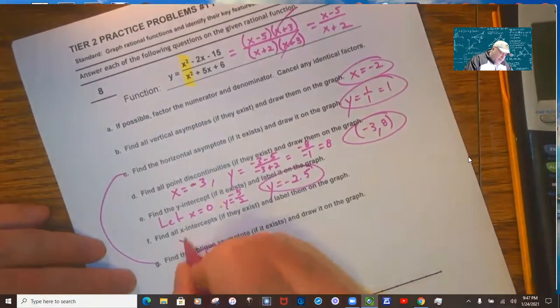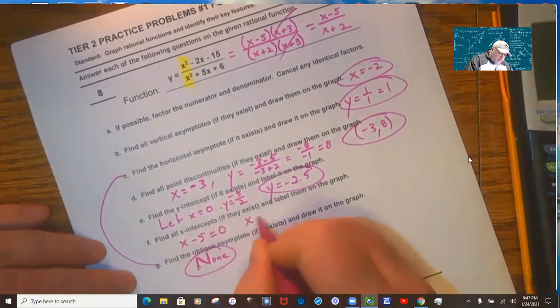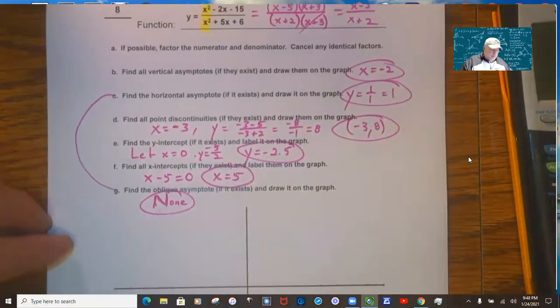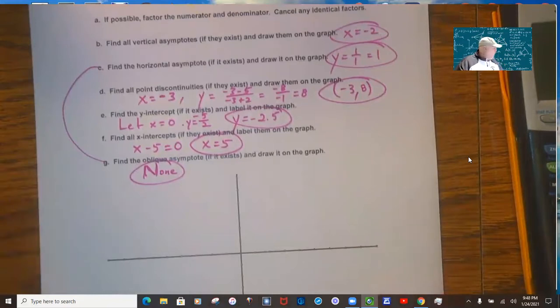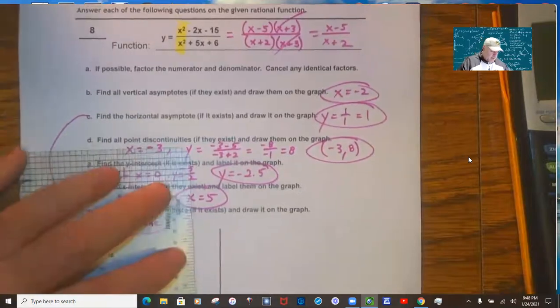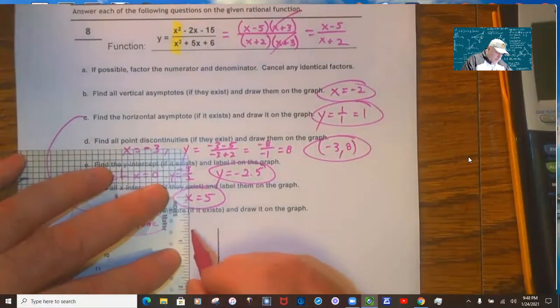X-intercept, take what's left after canceling equal to 0. You should be able to mentally do that again without writing that down. So there's everything you need. We are ready to draw the graph. So -2 is our vertical asymptote.